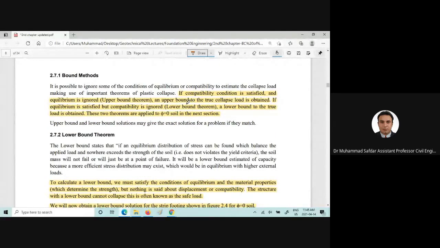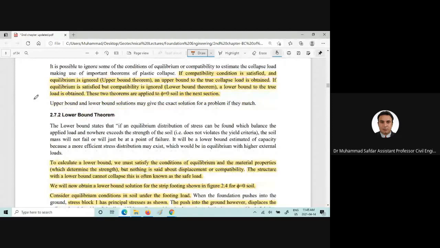Now, in simple wordings, if we have a true failure load, and if we obtain the lower bound solution, okay, so if we obtain a bearing capacity from the lower bound solution, this will be less than the true failure load.